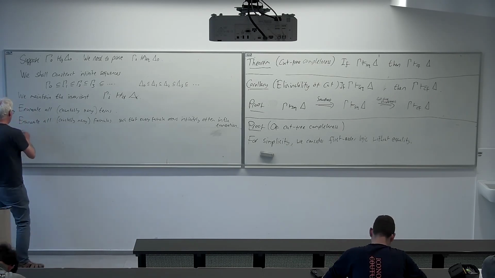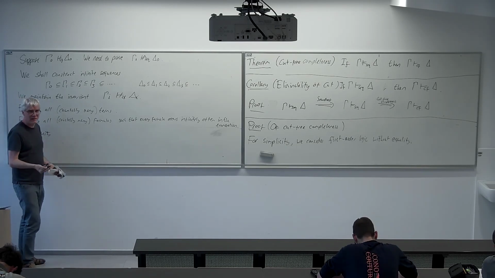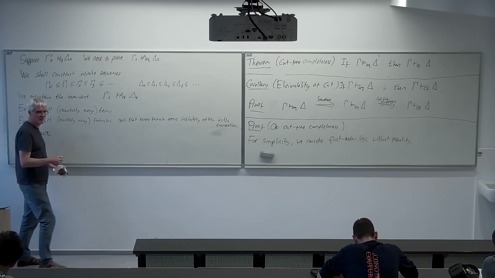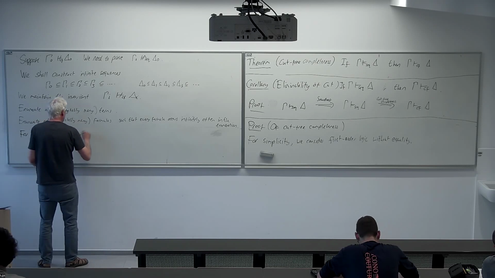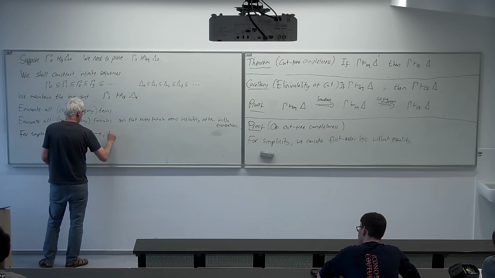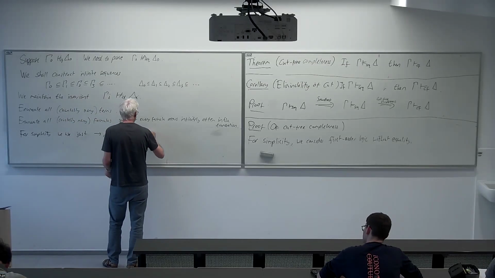So for simplicity, let's just restrict to the same fragment that we had for the Hilbert system. So we use just implication, false, and for all as the connectives and quantifiers.